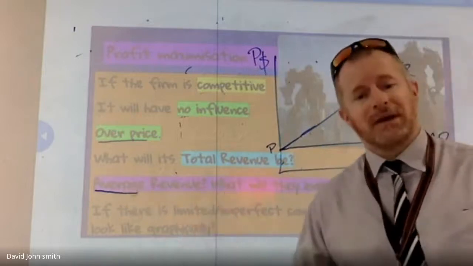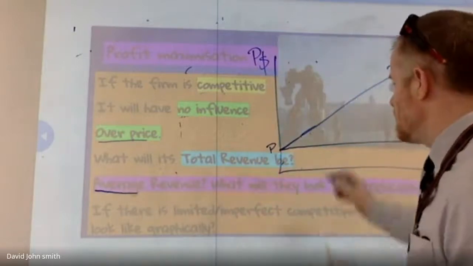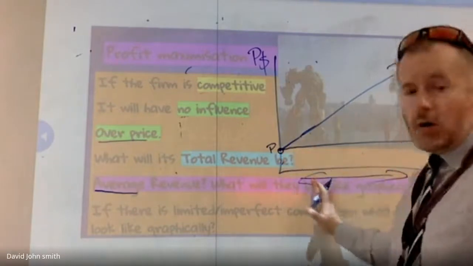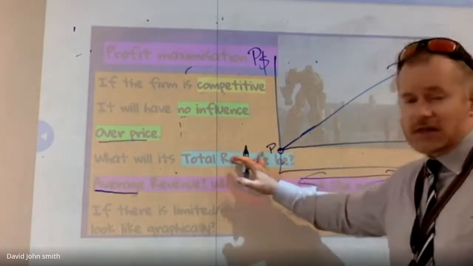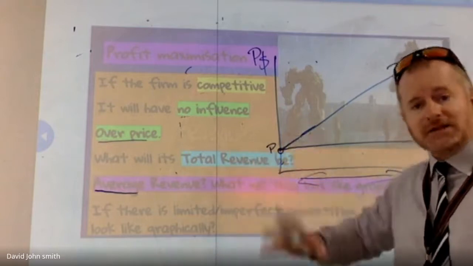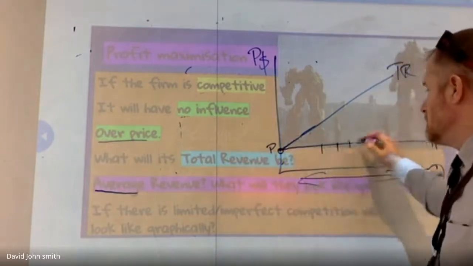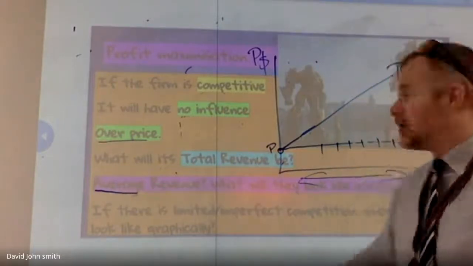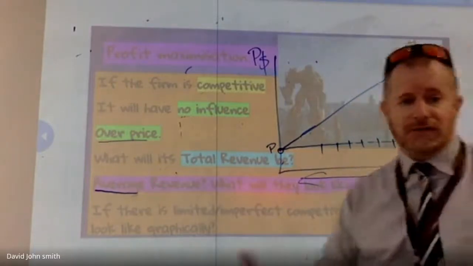You're all very competitive. So you're all facing that price. It doesn't matter what quantity you sell, you can't change the price. But you're able to potentially sell a lot of quantities at that price, therefore giving you your total revenue.